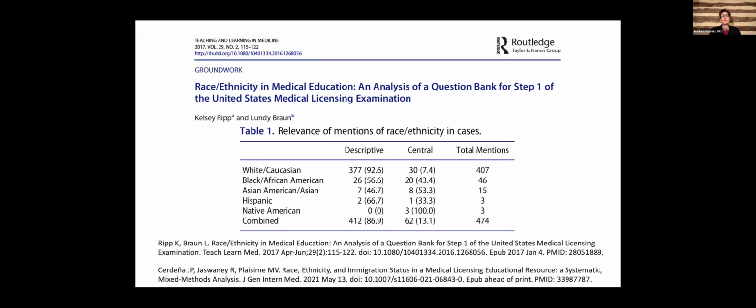Now, here's a more recent paper from 2017 in which the authors looked at a very widely used test prep resource called QWorld. I think this is used by pretty much all medical students preparing to take step 1. And the authors looked at the entire 2,000 plus question bank using once more search terms based on race and ethnicity.